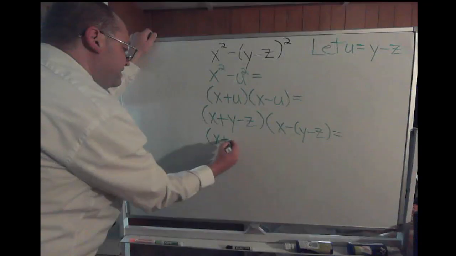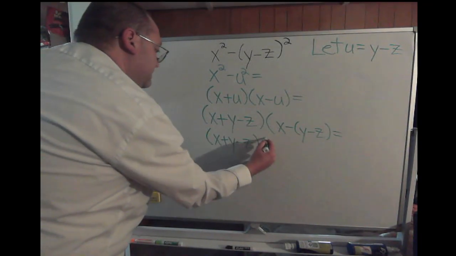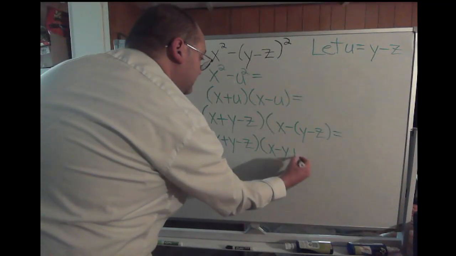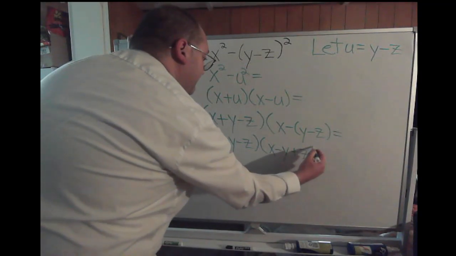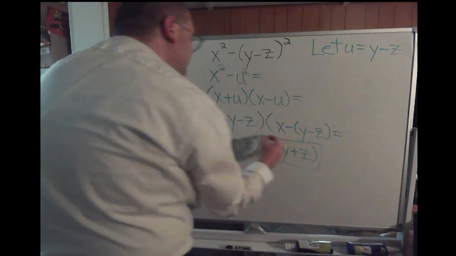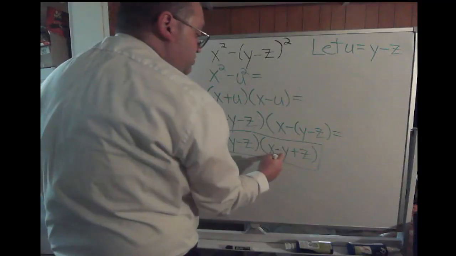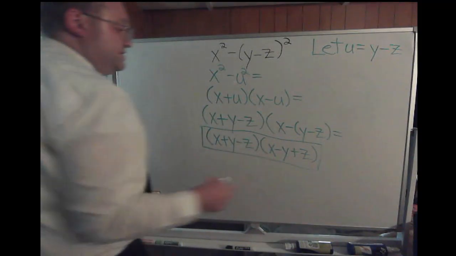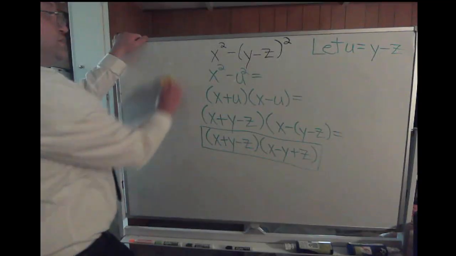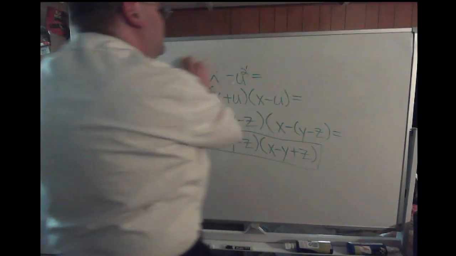We'll still have x plus y minus z, that quantity, times the quantity of x minus y plus z. So the factorization you should get for this would be the quantity of x plus y minus z times the quantity of x minus y plus z. So sometimes doing a u substitution can make your life a lot easier.